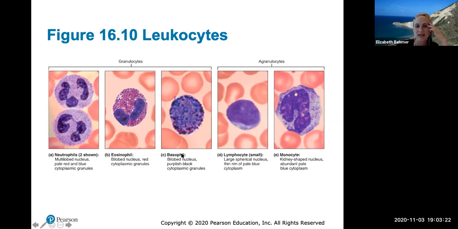A basophil has a bilobed nucleus, and then the lymphocyte and monocyte: the lymphocytes will be smaller, similar to the size of a red blood cell, and the monocytes are the largest, and they have a kidney-shaped nucleus. These are all what you can see under a microscope. Again, I haven't made your exam yet, but I want you to know neutrophils are the most abundant, they're multi-lobed, and lymphocytes and monocytes are the agranulocytes. So just know these basic characteristics of the 5 leukocytes.